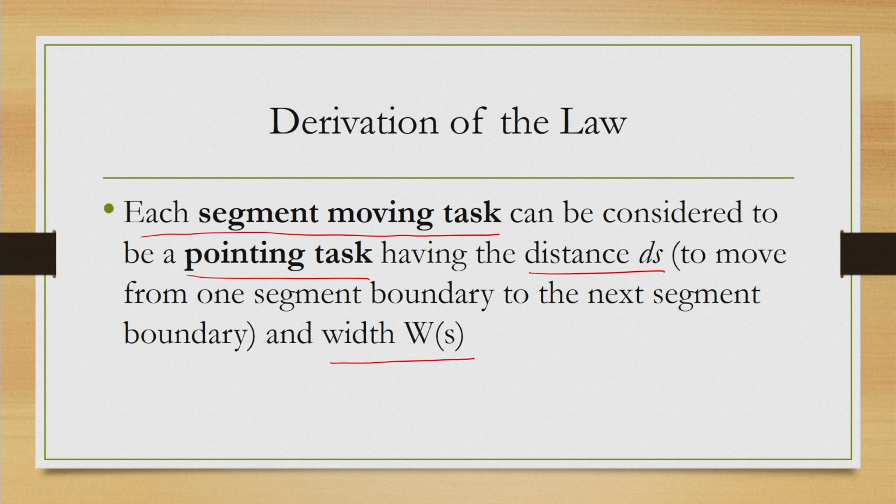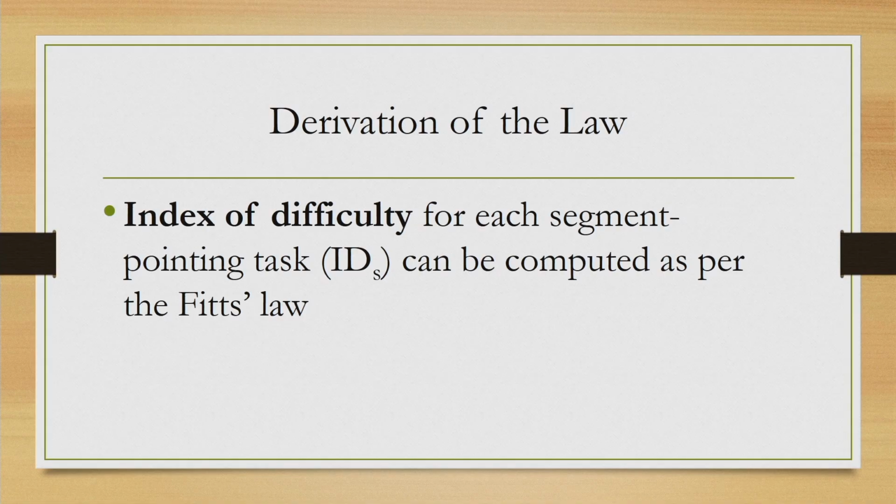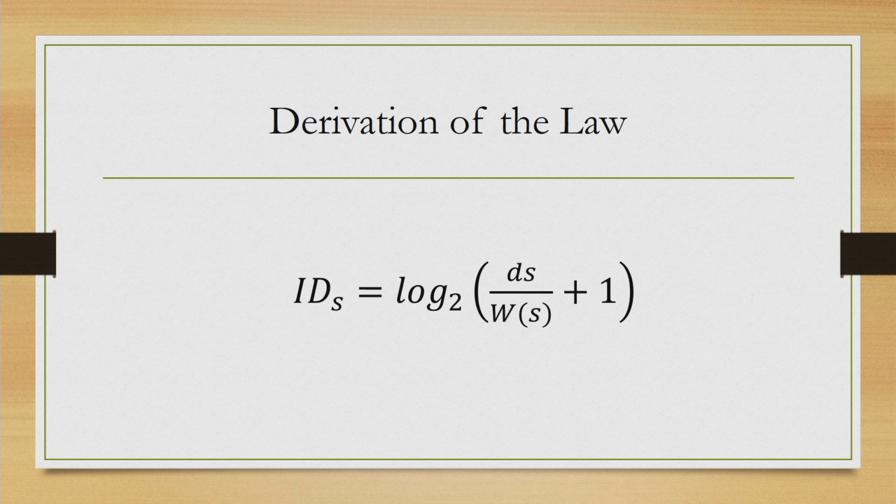Then you may be thinking that we can use the Fitts law to model this task. So, in that case, the index of difficulty for each segment pointing task can be computed as per the Fitts law, as may seem obvious, and it will look like this mathematical expression where IDS is the index of difficulty for each segment moving task, which is represented by the classical form of the Fitts law, where ws is the width of the segment and ds is the distance between the segments.